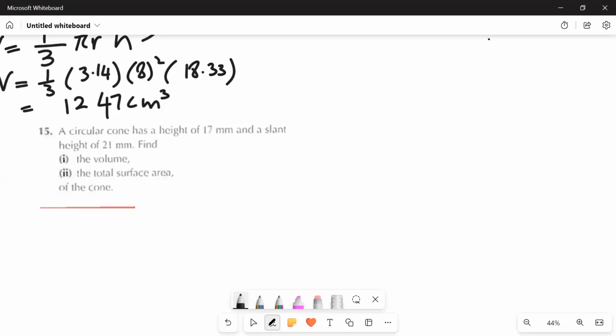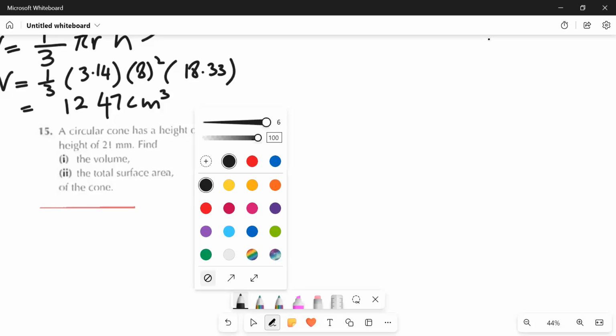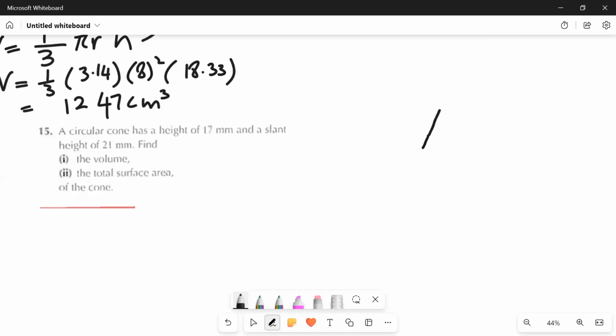Okay, now the next question is: a circular cone has the height, so let me make the cone.